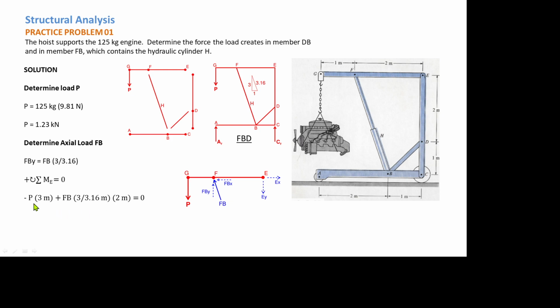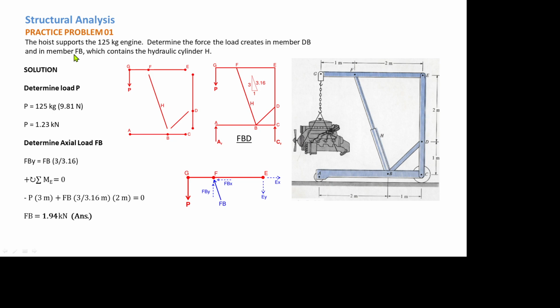So the only unknown is FB because P is already given. We have already calculated that one. So FB is 1.94 from this equation. So this is the final answer for FB, this one here.